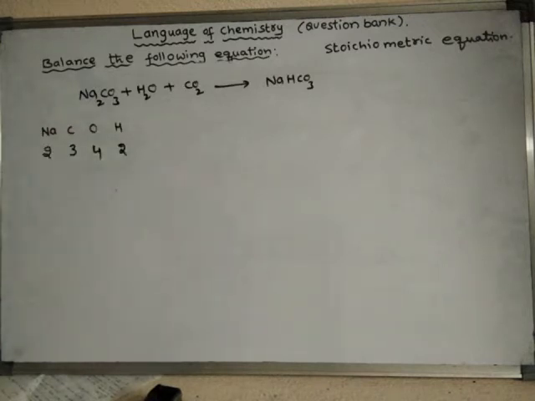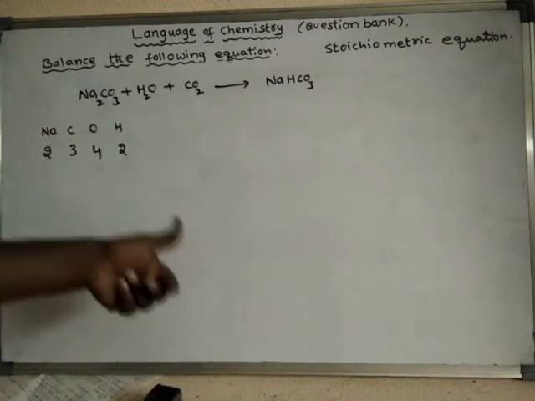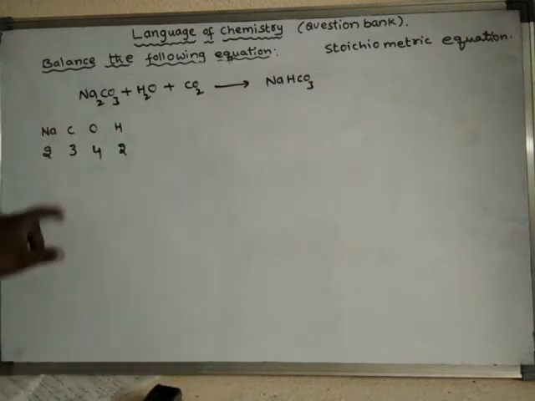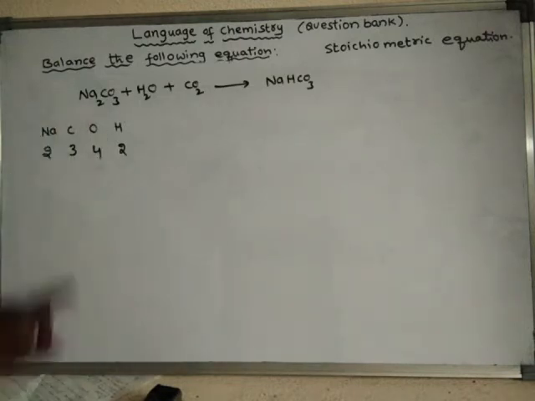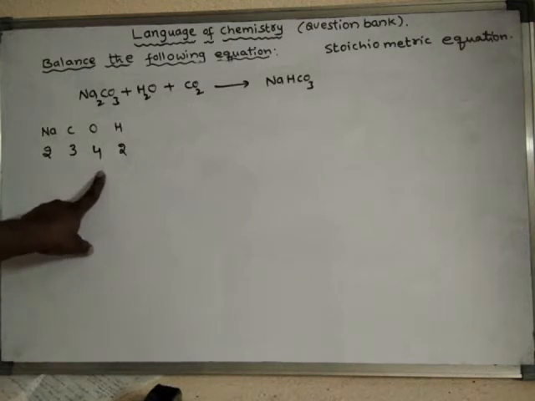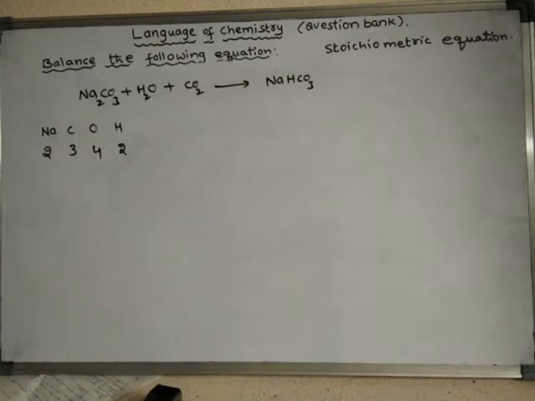Okay. Now after writing the frequency numbers, we have to arrange these elements according to increasing order of frequency number. So sodium and hydrogen have the least frequency number, oxygen has the highest frequency number, and carbon has an intermediate frequency number. Now out of sodium and hydrogen, which element should be arranged first?